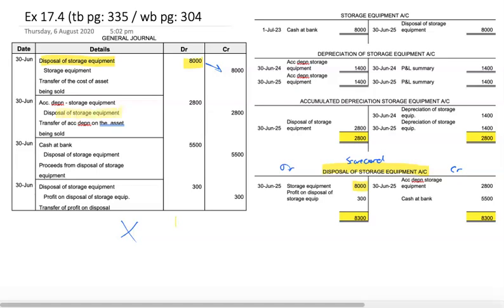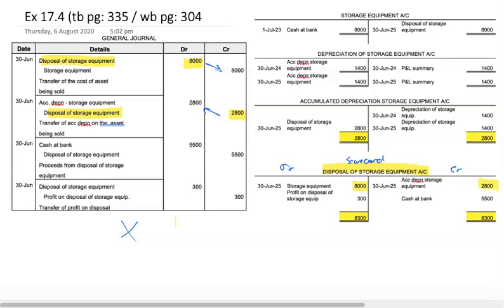Disposal of storage equipment also involves a $2,800 credit, so we're picking up the instructions and following them. And this cross-reference here is accumulated depreciation of storage equipment. This was the transfer of historical cost and the transfer of accumulated depreciation.